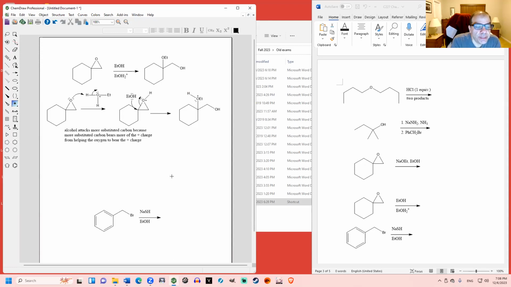So you get this intermediate. And now all we need to do is pull the proton off that oxygen to get rid of the plus charge. And we'll simply use the solvent that we're given. The solvent we're given is ethanol.